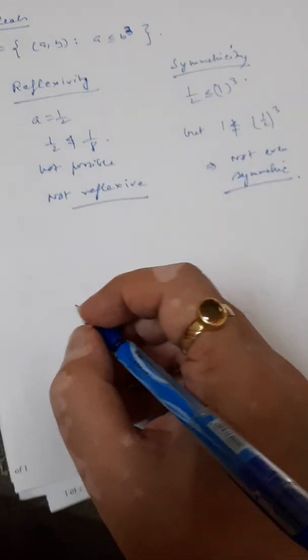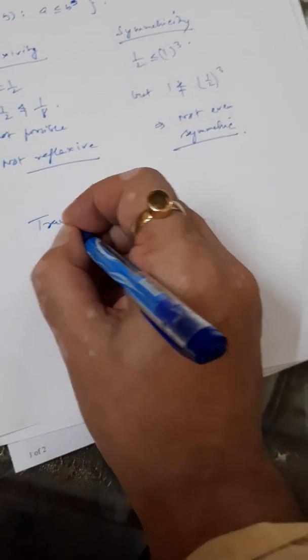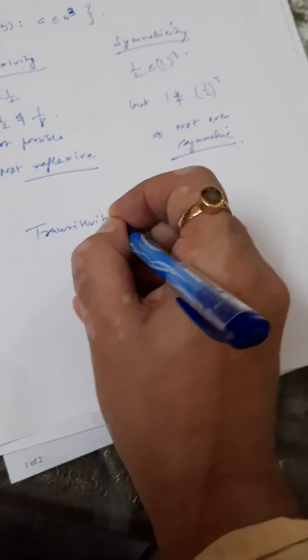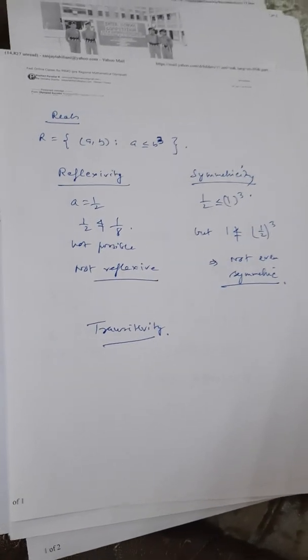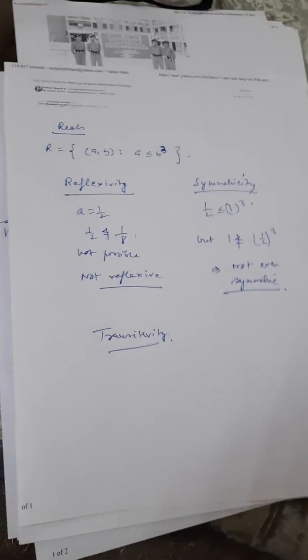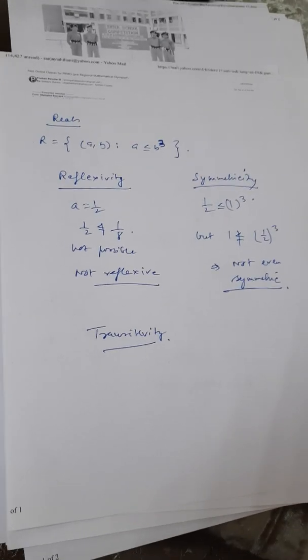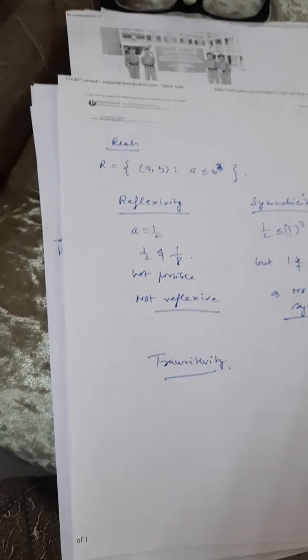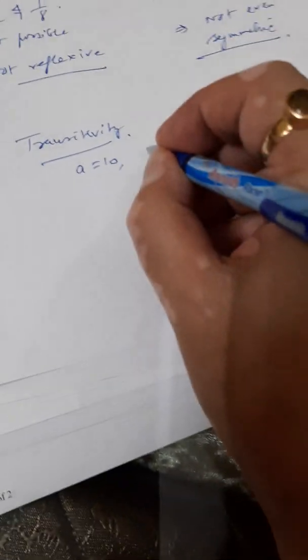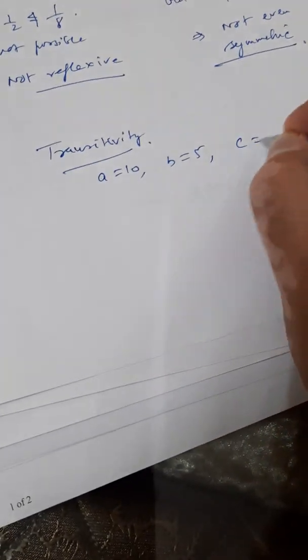Now, the main example comes in transitivity. In transitivity, you have to think of three numbers such that a is less than or equal to b cube, b is less than or equal to c cube, but a is not less than or equal to c cube. So take a as 10, b as 5, and c as 2.